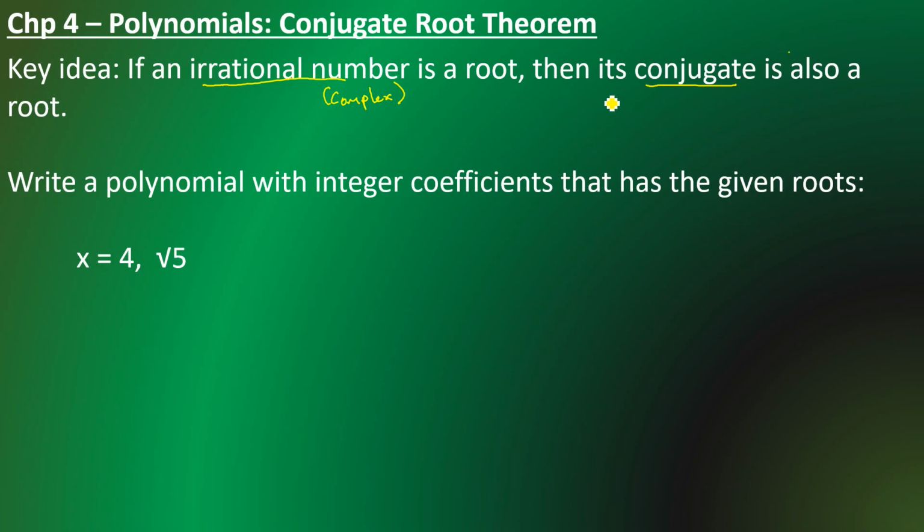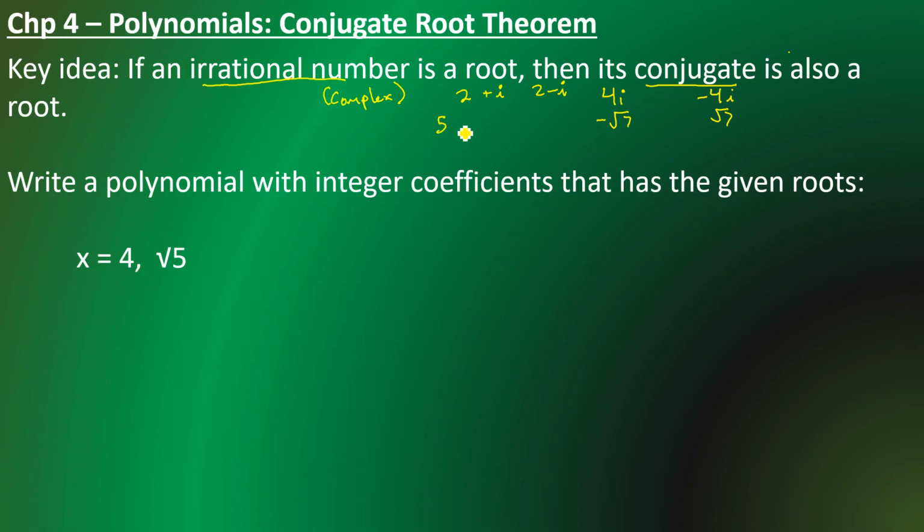And just to remember what conjugates are, if I had 4i, its conjugate is negative 4i. And if I have negative root 7, its conjugate is positive root 7. And they could be even more complicated. If I had 2 plus i, its conjugate is 2 minus i. Notice that the sign in between is opposite.